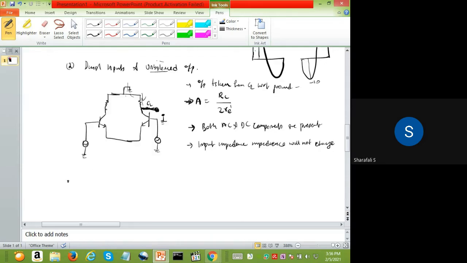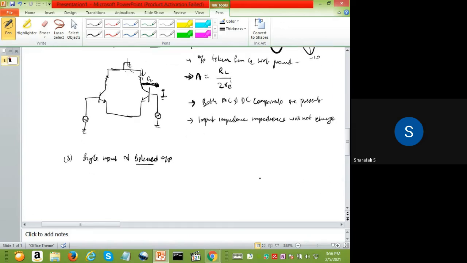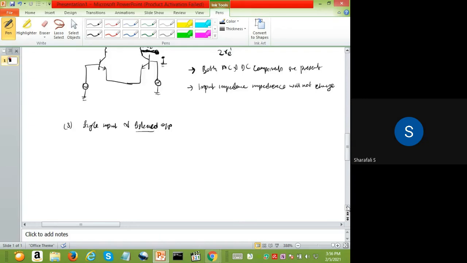Now, if we consider the third one, which is single input and balanced output. This means that we are applying only one signal, one input, and we are taking the output from C2 with respect to C1.